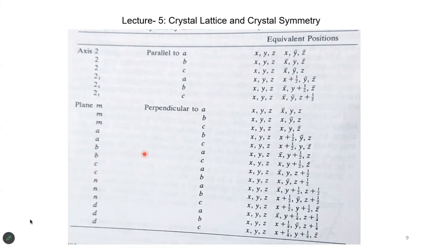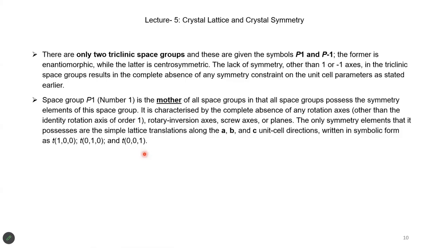Okay, so we go to the next one. Now we are talking about space group. We discussed the space symmetry elements, space groups, etc. But a crystallographer must understand the stereographic projection of space group.